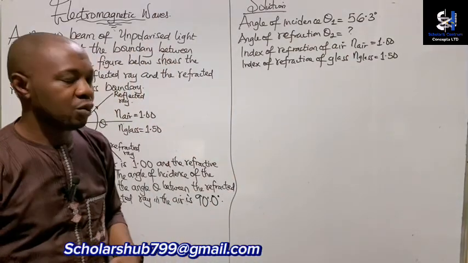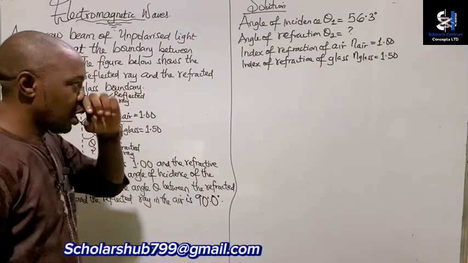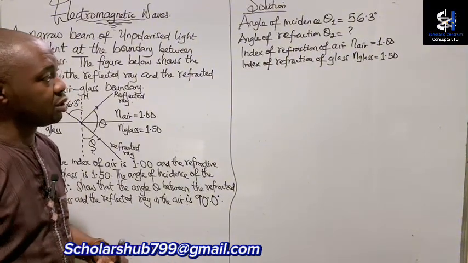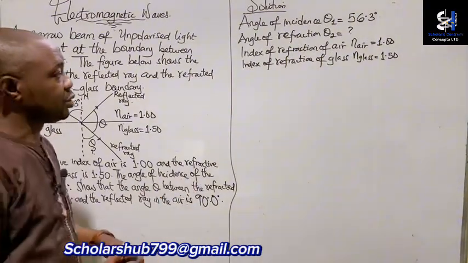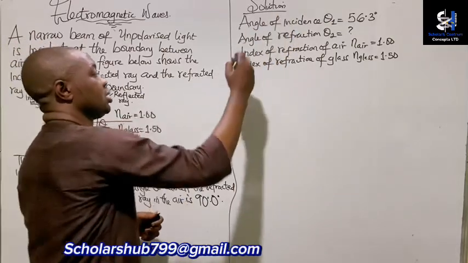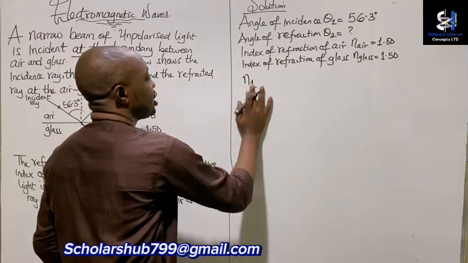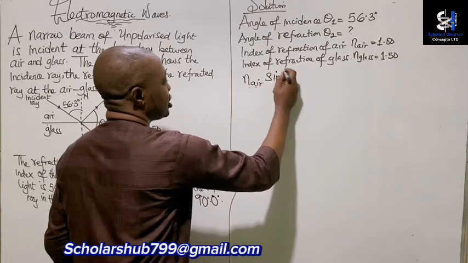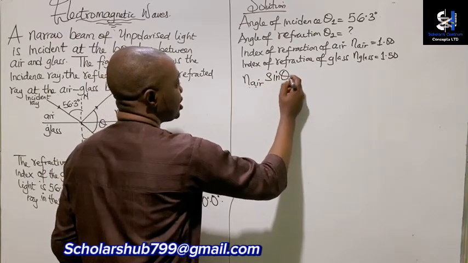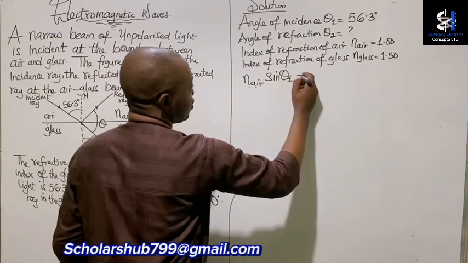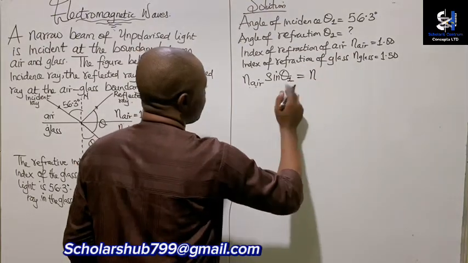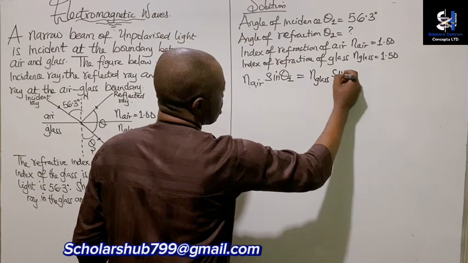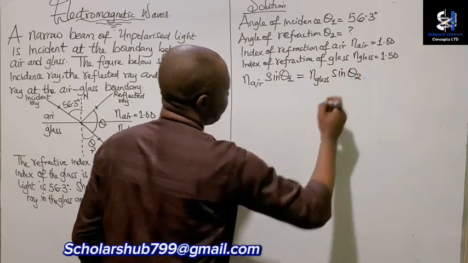Now, to be able to calculate the value of theta 2, we are going to apply Snell's law. Let's set up the equation for Snell's law: the product of the index of refraction of air, the first medium, and the sine of the angle of incidence equals the product of the index of refraction of glass and the sine of the angle of refraction.